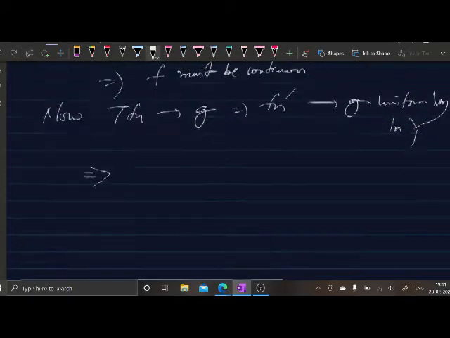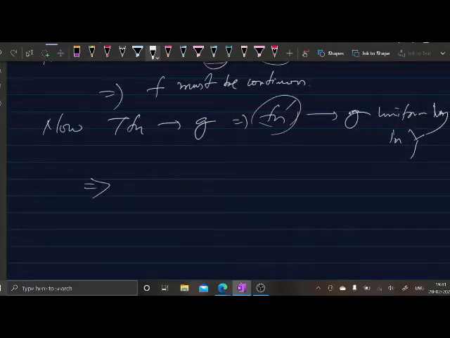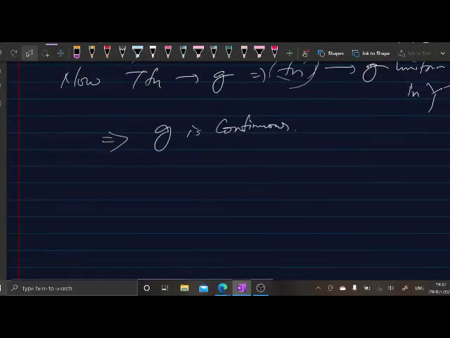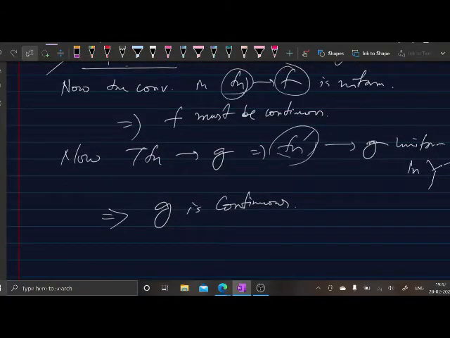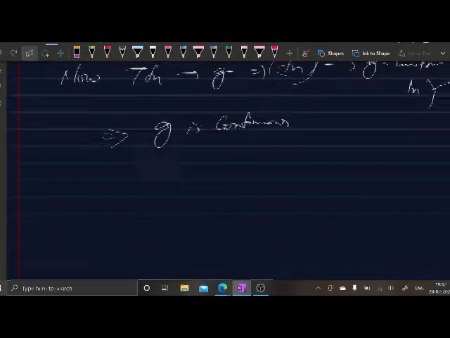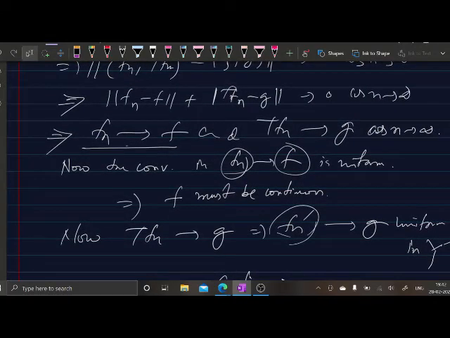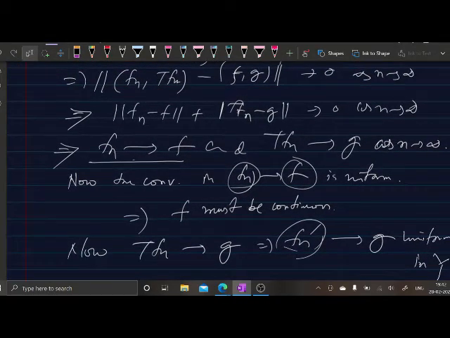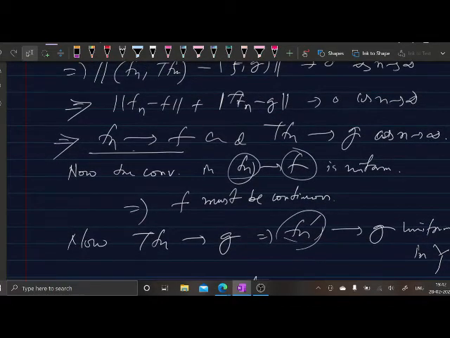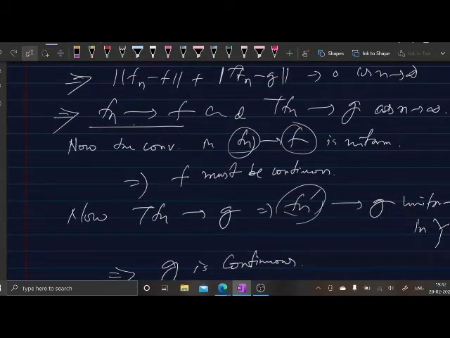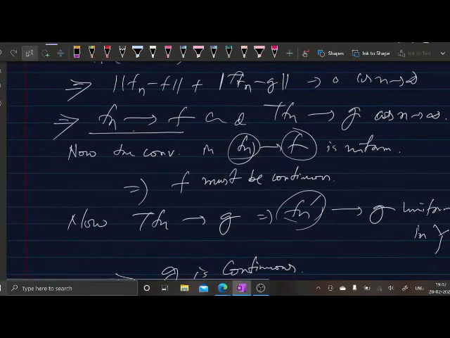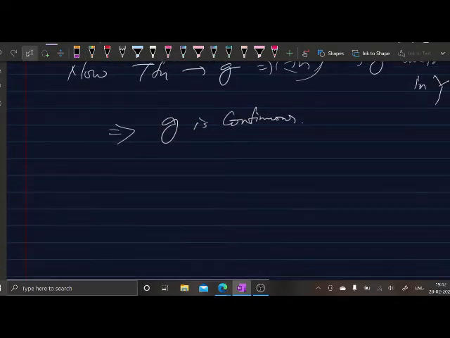So since these f_n dashed are continuous, and the convergence is uniform, you can say that this g is continuous, okay.